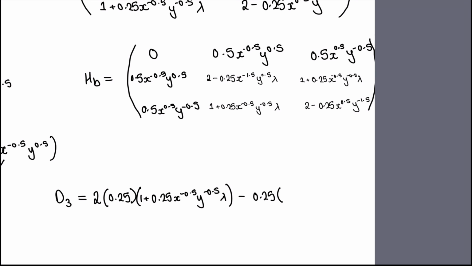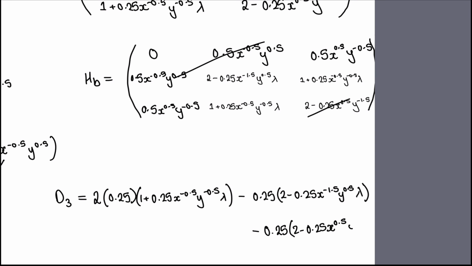0.25 brackets 2 minus 0.25 x to the power of minus 1.5 y to the power of 0.5 lambda. These 3 times together is just 0, and then multiplying these 2 together is a bit different because this time y is to the power of minus 1.5, so we have to do minus 0.25 brackets 2 minus 0.25 x to the power of 0.5 y to the power of minus 1.5 lambda.